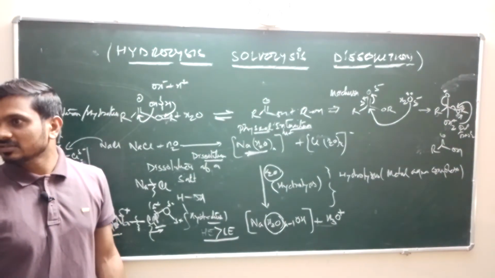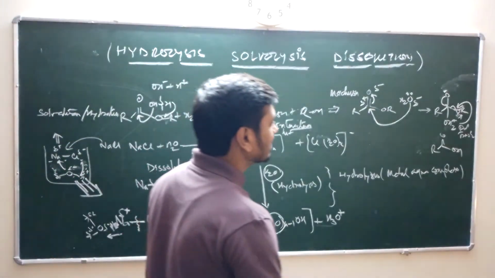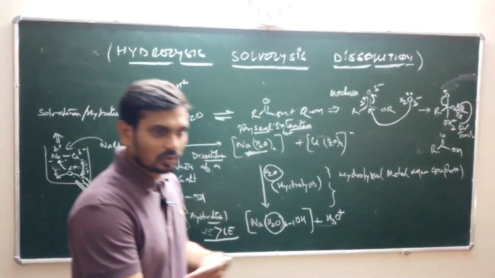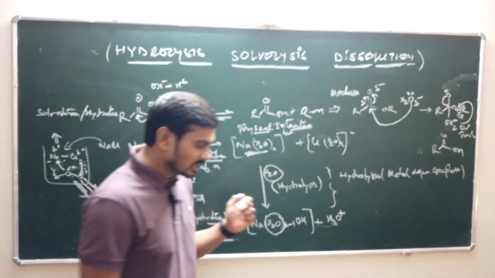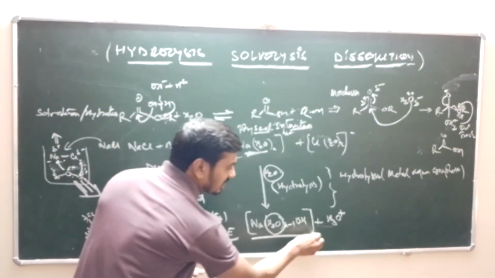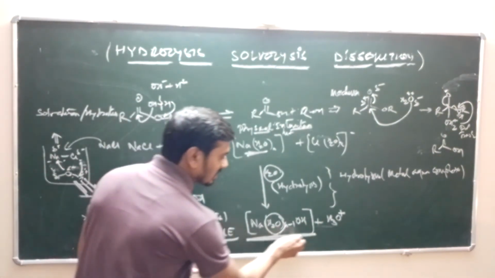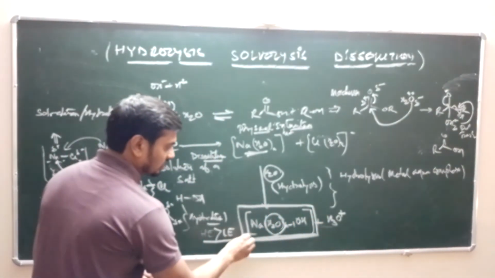This is working as acid. So basically, this is part of solvolysis and the dissolution process, and how these metal aqua complexes behave is a very interesting thing to be studied.